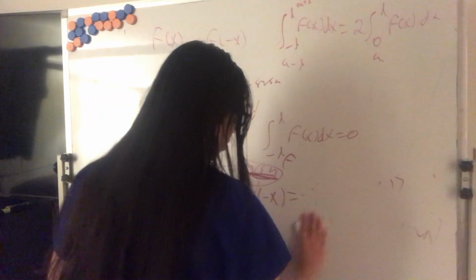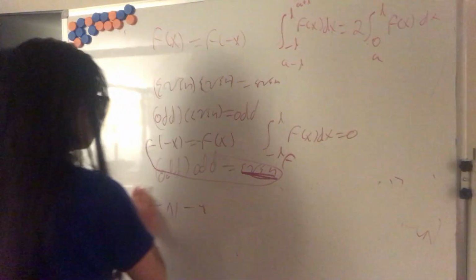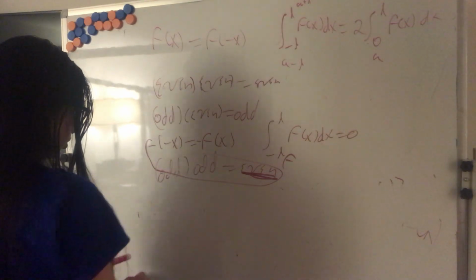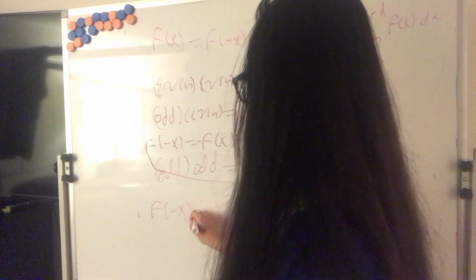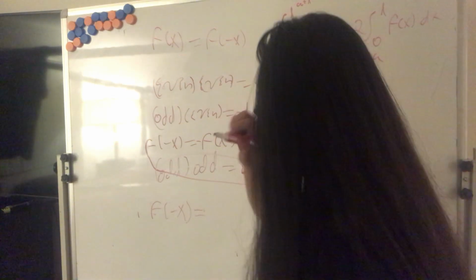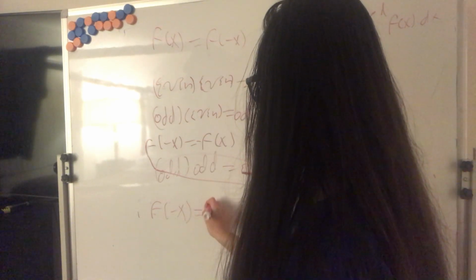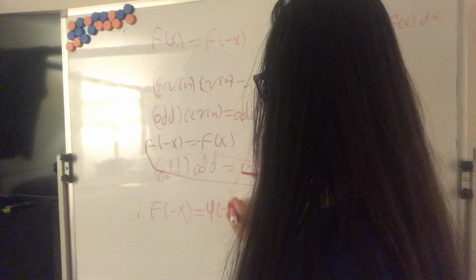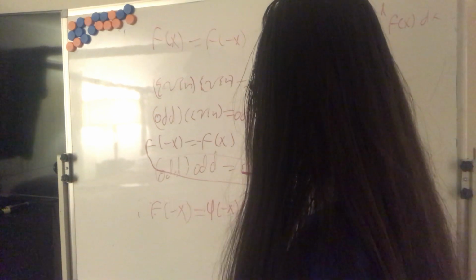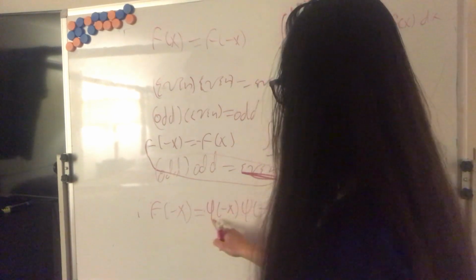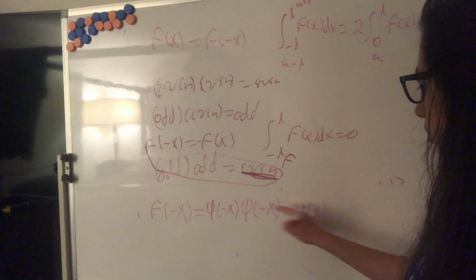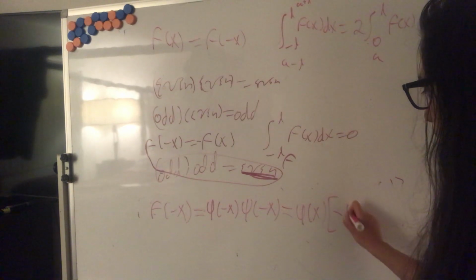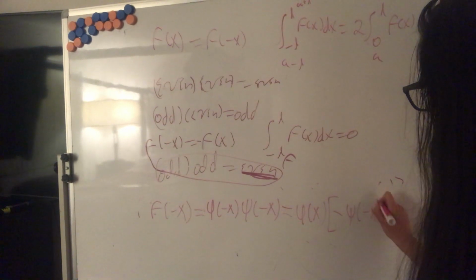And lastly, an even function times an odd function. So now I have f(-x), and this is an even function and an odd function. So phi would be my even function, and psi would be my odd function. Because it's even, I can put it as phi(x), and because this one is odd, I can put it as negative psi(x).